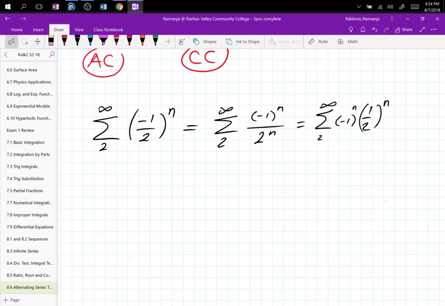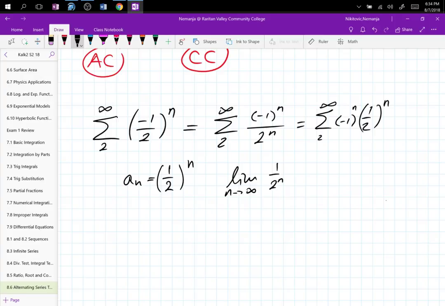So what do you do first? Well, your a_n is given as (1/2)^n. So you need to check that its limit is 0, and you need to check that it's decreasing. So the limit as n goes to infinity of (1/2)^n is clearly 0 because you have 1 divided by infinity. And then the question about decreasing. Well, you have (1/2)^n. Obviously it's decreasing.